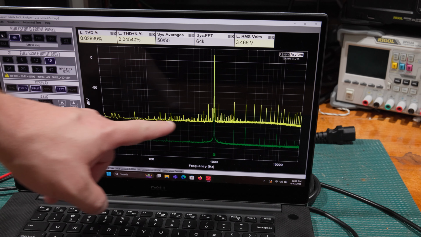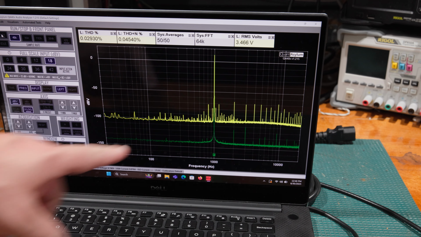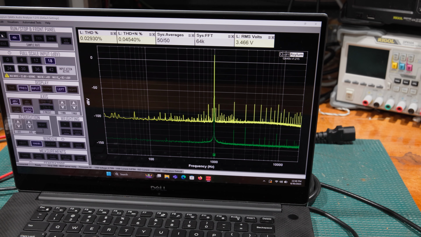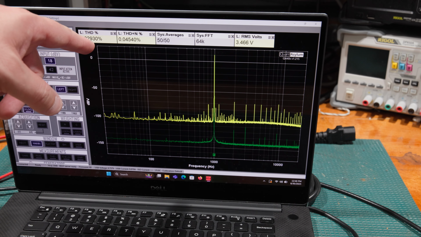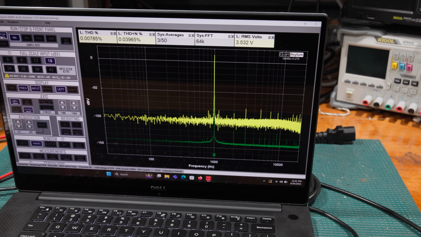Much less broadband noise on the 3325, but some additional harmonic noise that we didn't see versus the 8904. THD on this one is 0.029. THD plus N is 0.0454. Oh, so still highly usable, just a little different.